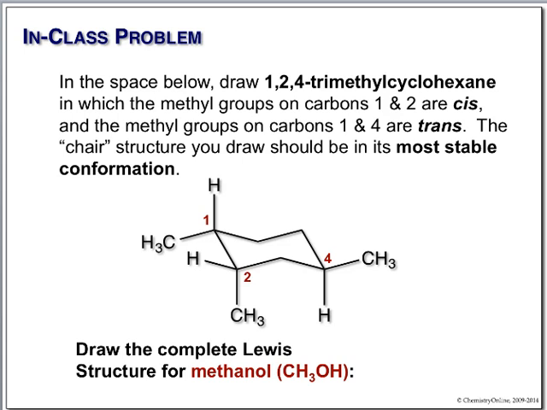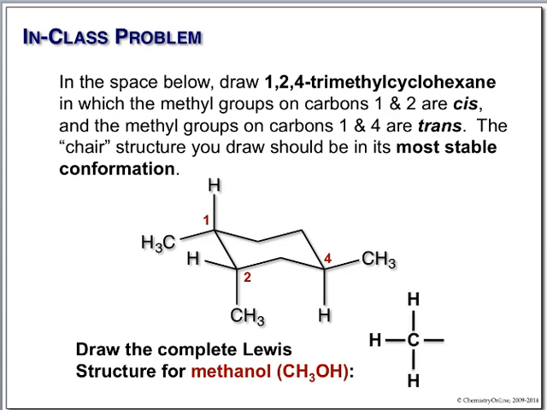When we draw a Lewis structure, we have to remember that the oxygen is going to have 2 unshared pairs of electrons, and we're going to have to show those. We basically have a carbon bonded to 3 hydrogens, a single bond going out to the oxygen, another single bond to the hydrogen, and our 2 unshared pairs.